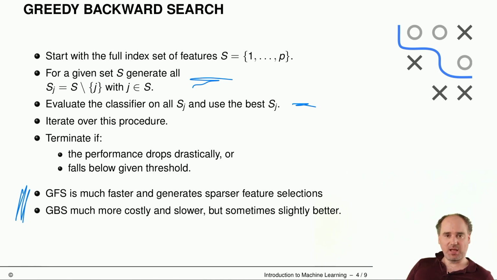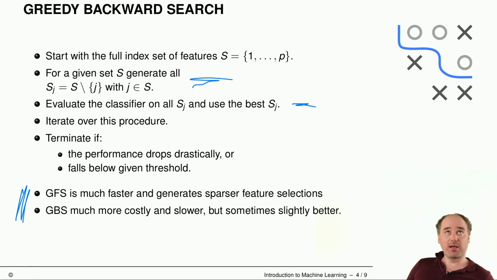It usually creates larger feature sets as a result, but because it starts from the full set, and your models may be doing some feature selection internally anyway or some regularization, they might be able to deal with the large amount of features quite well, so you might end up with a model that's a bit better in terms of predictive performance. So usually that's a trade-off.